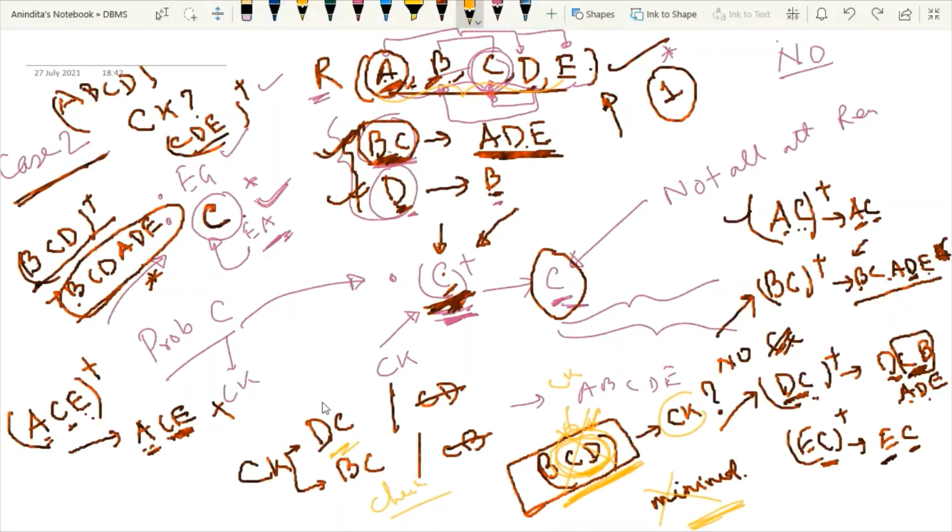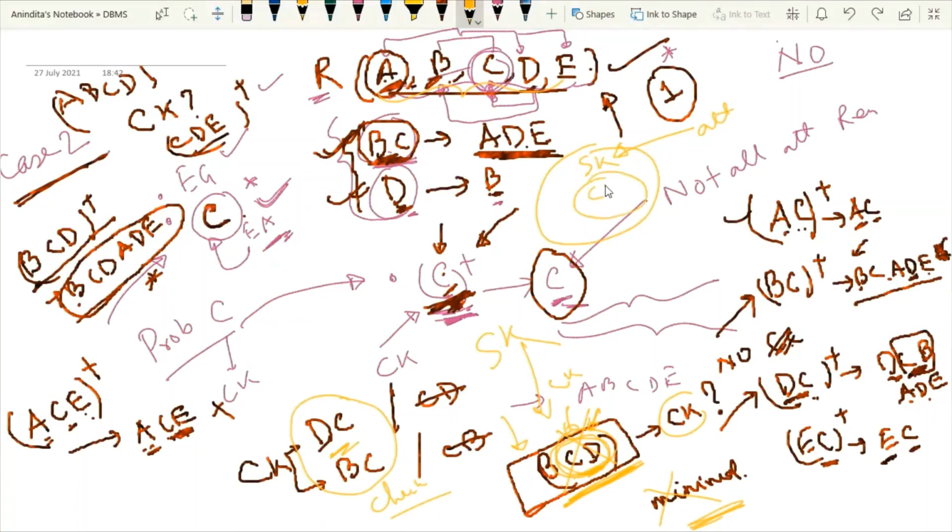So in this case, definitely we have two candidate keys. Now you can ask me one question: what happened with BCD? What can we call it, because from BCD all attributes are reachable? Yes, in this case, we can call BCD a super key. The definition of super key means a set from which all other attributes are reachable.